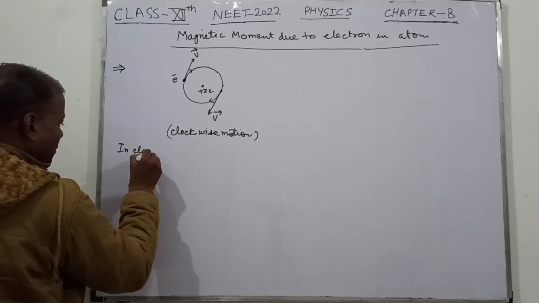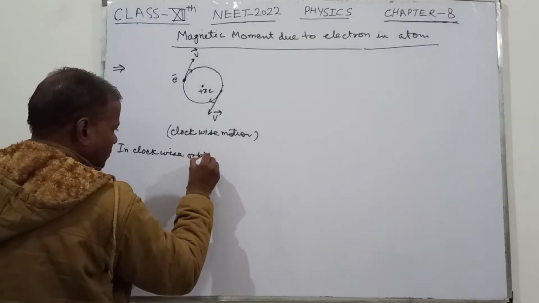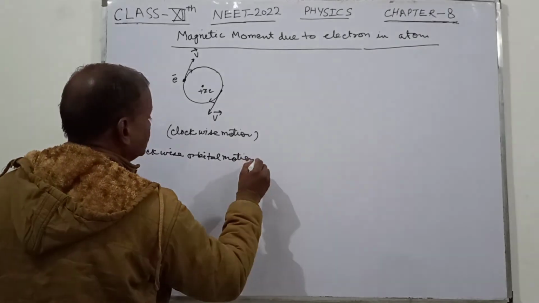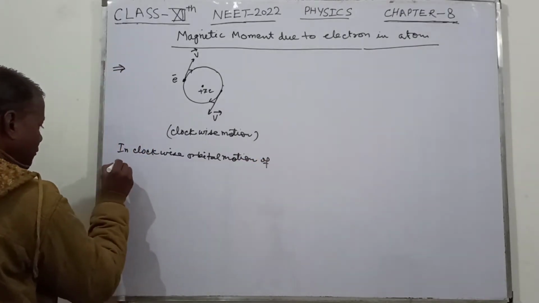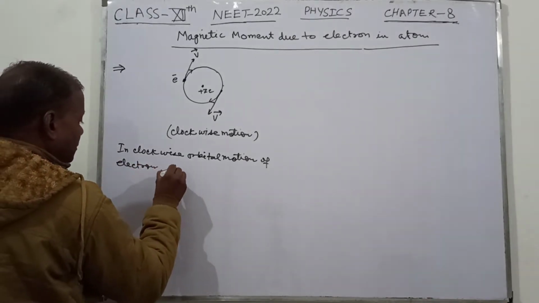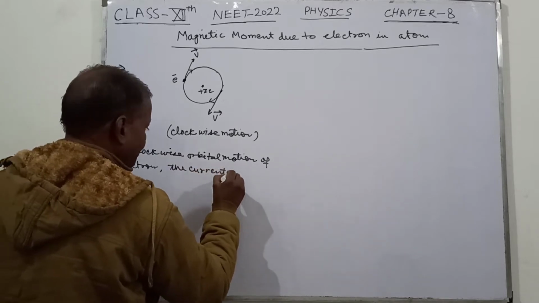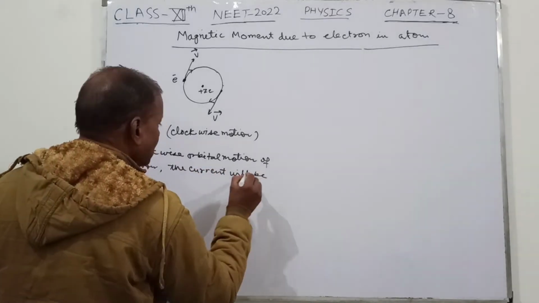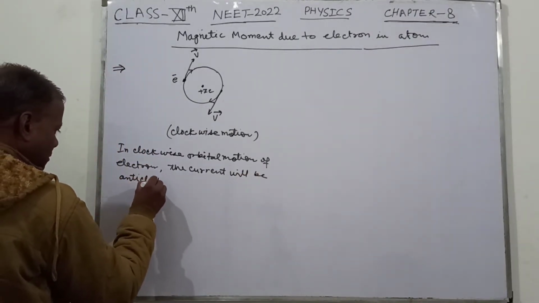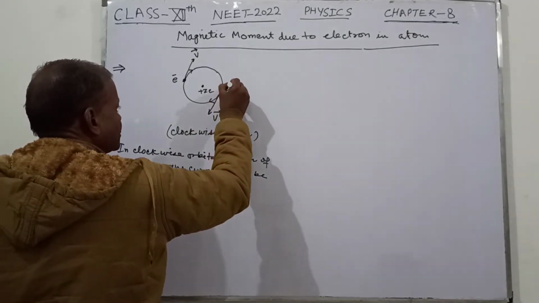In clockwise orbital motion of the electron, the current will be anti-clockwise. It means that the current will be like this.